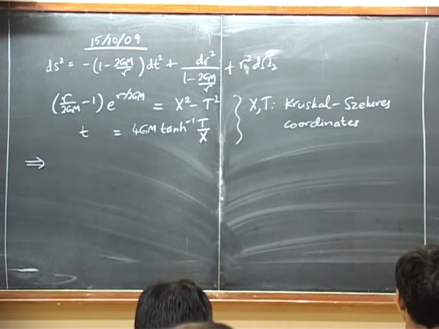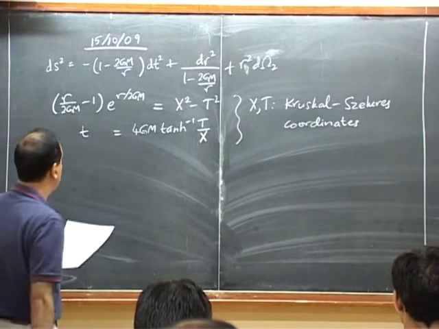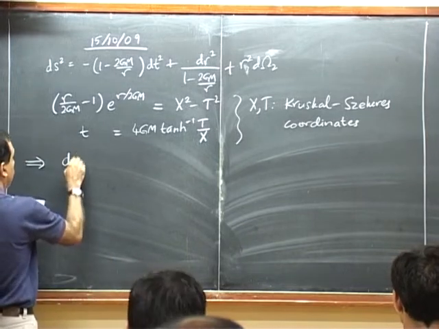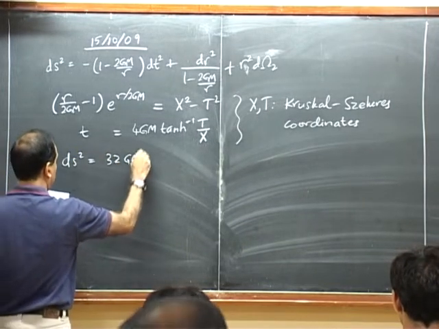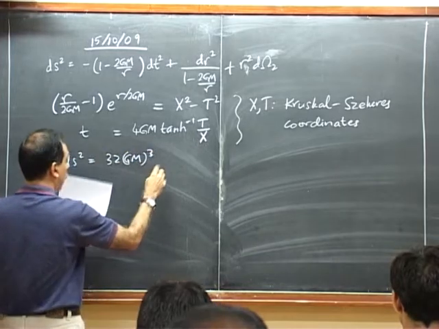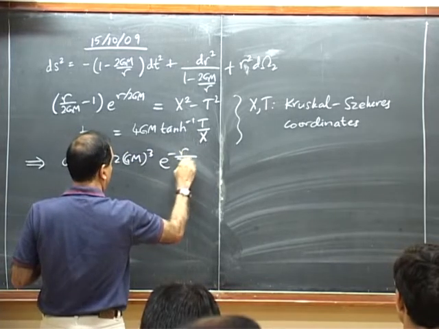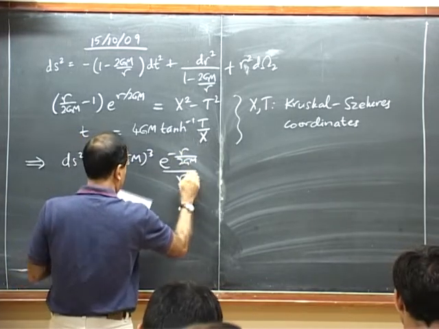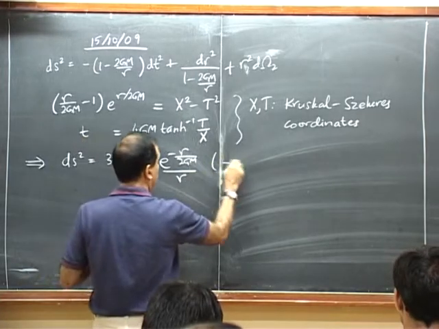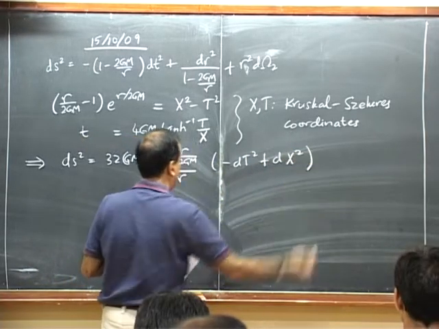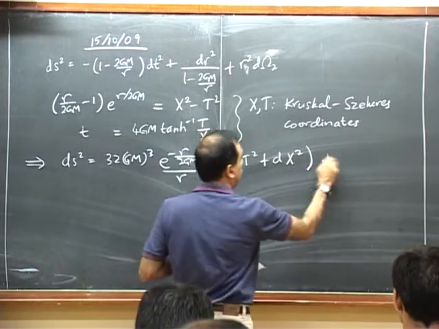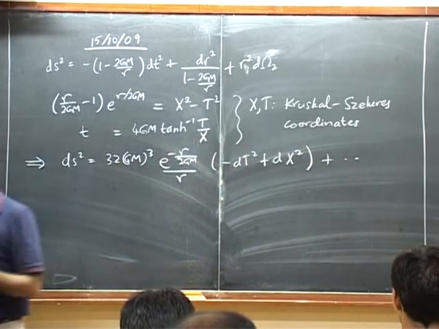It becomes a constant factor in front, times this, then the d omega squared part.